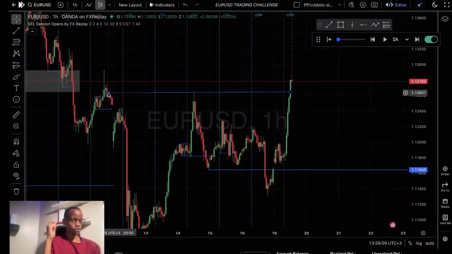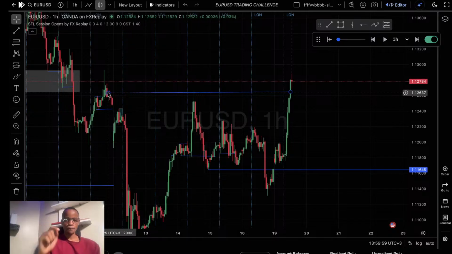What I really want to install into your minds is that the market always has buyers and sellers. This is why you see red candlesticks and green candlesticks. Green candlesticks represent buyers in the market, and red candlesticks represent sellers.